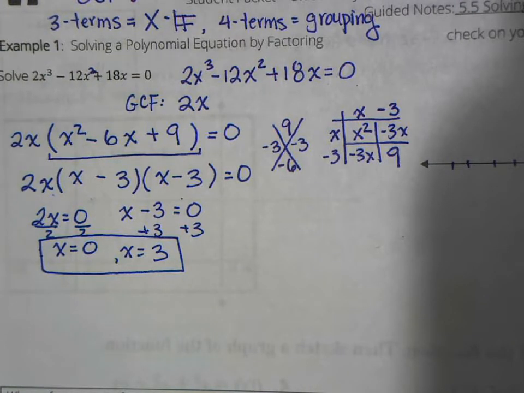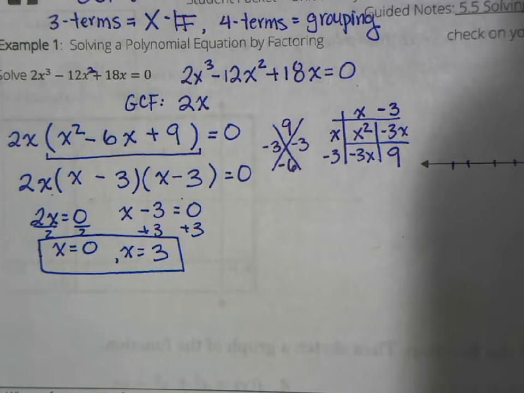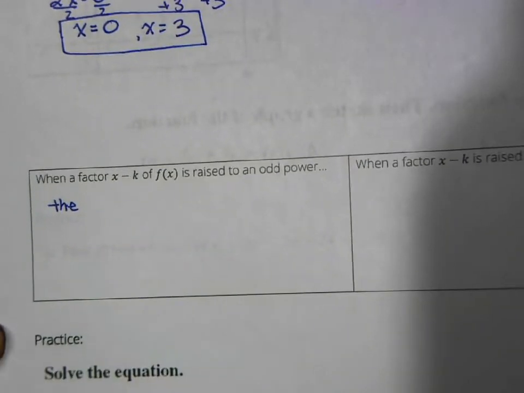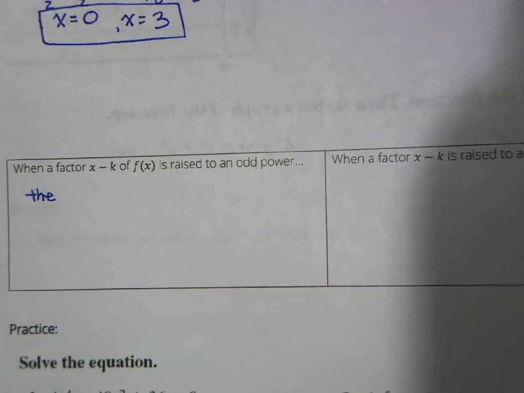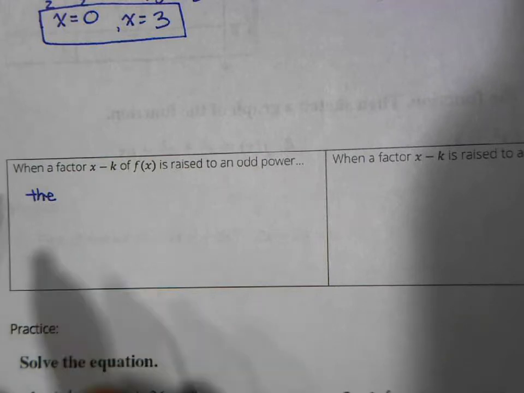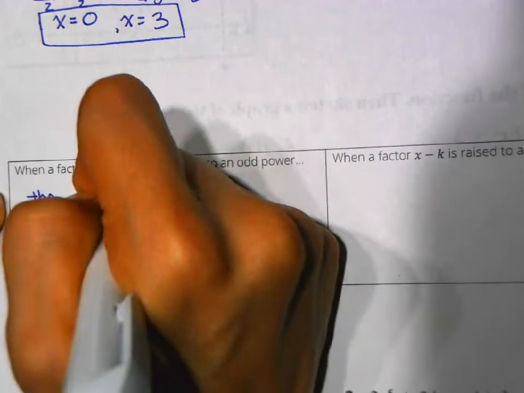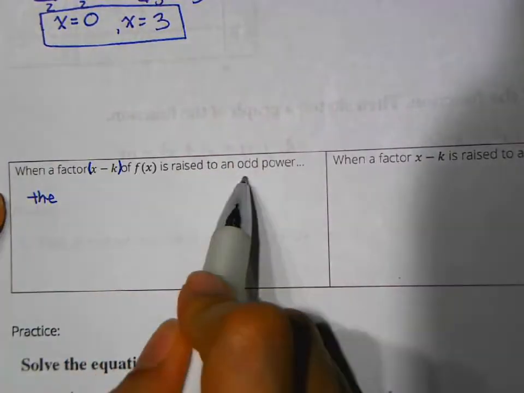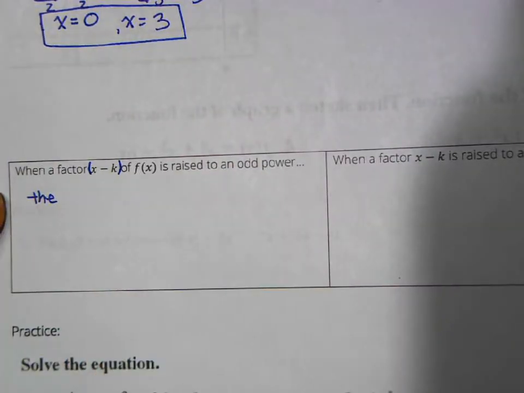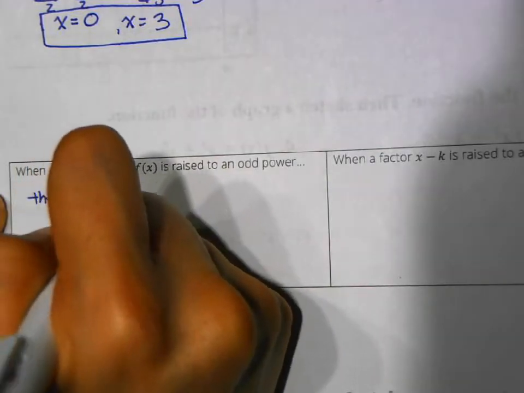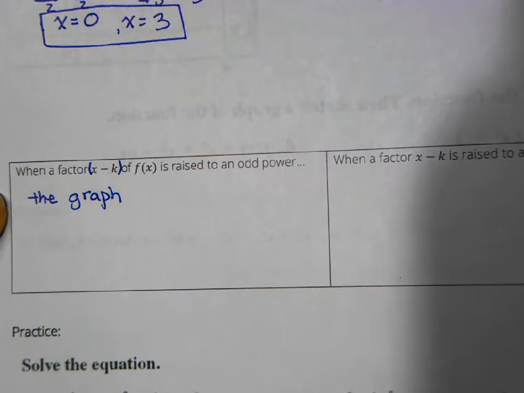So there are a couple of things that you would need to know about these factors, about sketching the graph if you did not have a calculator to begin with. So the first thing you need to know: when a factor x minus k of f of x is raised to an odd power, the graph goes through that 0.